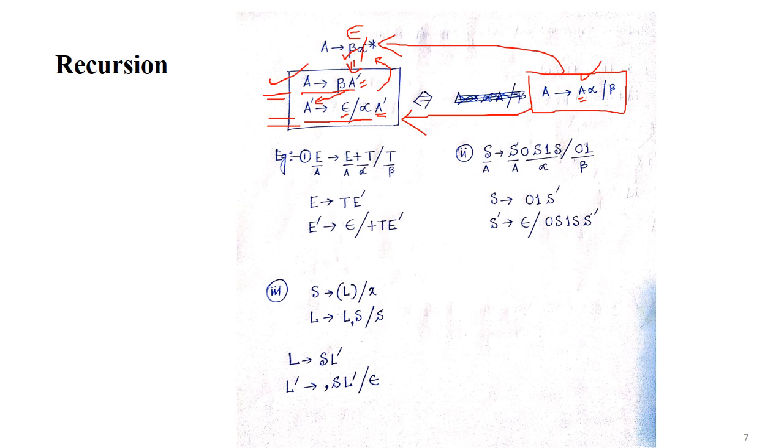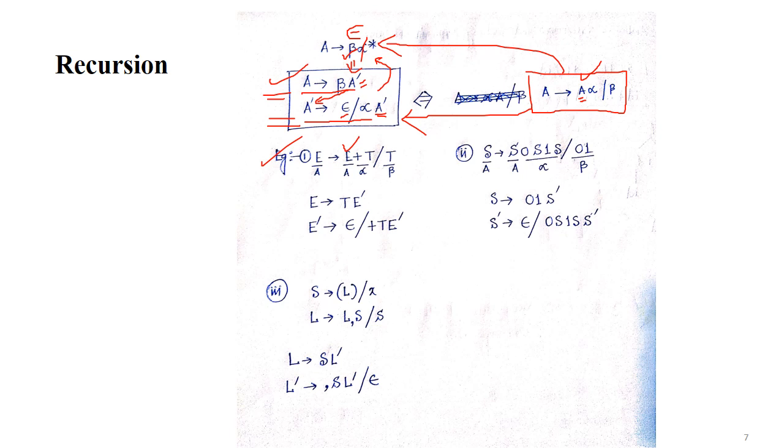So take an example. In this case I have E equal to E plus T and then T. Now you can see clearly E is on the left hand side, so this is your left recursive grammar. Now we are interested in removing the left recursion from the given grammar.